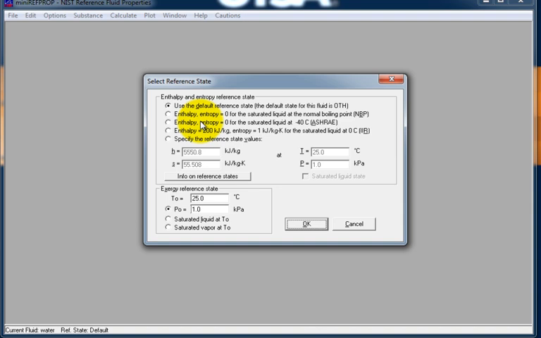For refrigerants, they like to have the saturated liquid at negative 40 degrees C have an enthalpy of 0. For water, they commonly pick the internal energy at the triple point for the saturated liquid to be 0. The internal energy, not enthalpy, at the triple point, around 0.01 degrees C.